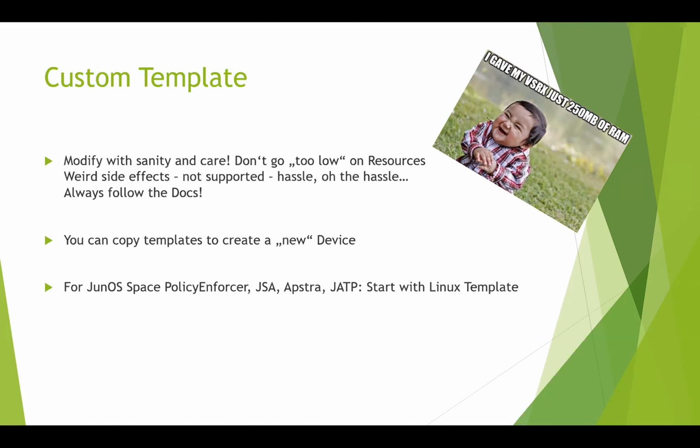For the Junos-based devices like Policy Enforcer, JSA, Abstract, JATP, it's usually a good idea to start with the Linux template, because most of this hardware or software will already run on some sort of Linux, either CentOS or Ubuntu. So of course it makes sense to start with the Linux template. And I found, regardless of the vendor, it's always a good idea to start with the Linux template. And if that's not working, try to fiddle around with the other templates.